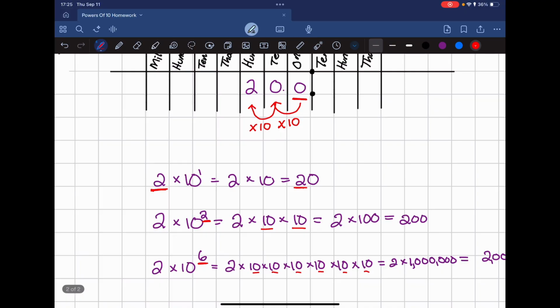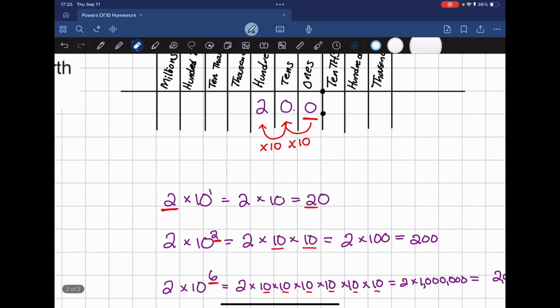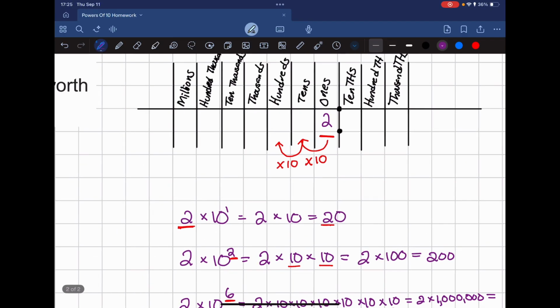But what that means is that I'll have now taken my 2 that was in the ones place, and I have shifted not 1, not 2, but 3, 4, 5, 6 times.